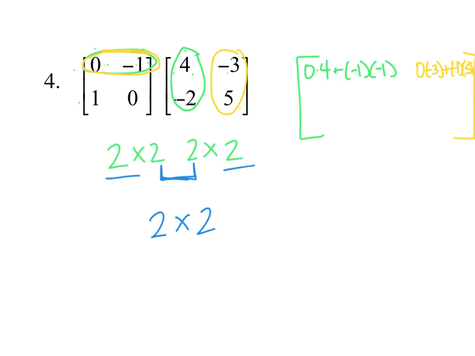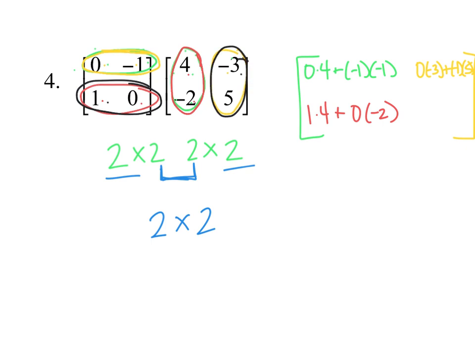Now we're going to do this row, multiply it by the first column in the second matrix, 1 times 4 plus 0 times negative 2. And then lastly, we have this row times this column, 1 times negative 3 plus 0 times 5.